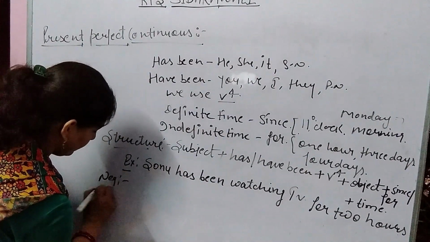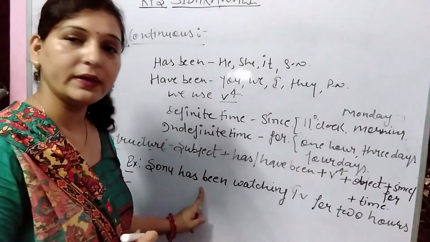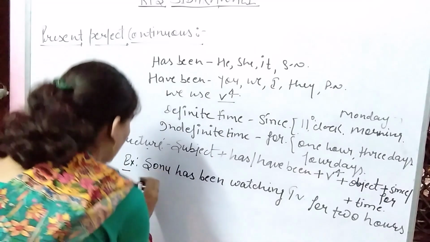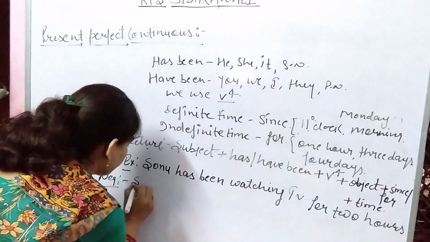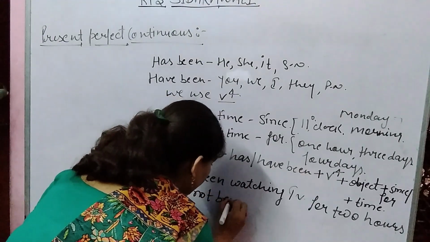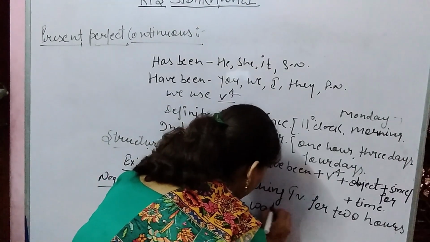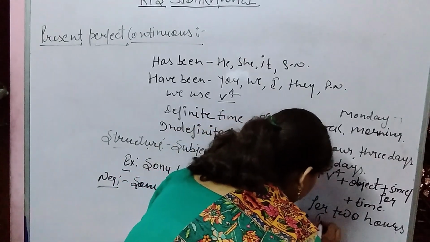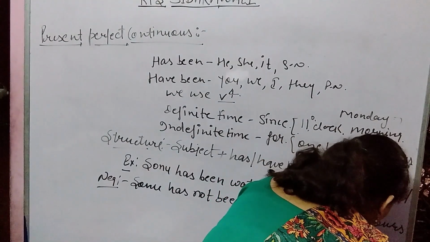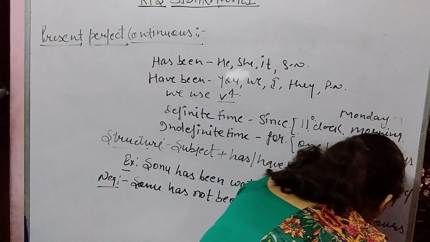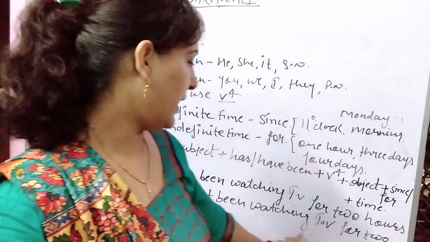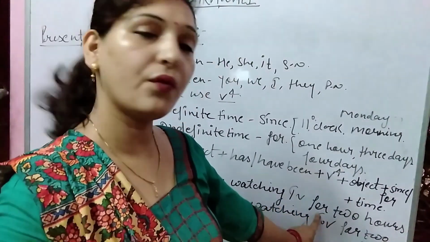And for the negative, we use not in between, with has been: has not been, have not been. Sonu has not been watching TV for 2 hours. 2 hours is not a definite time, so we have used for.